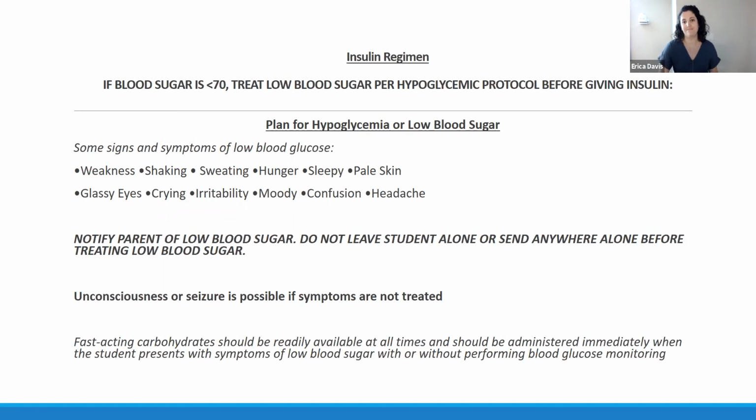Just to take a step back, in your registration link or your reminder that was sent to you by Stacy Rawson, I think it was yesterday, there were attachments at the very bottom where you could view both this PowerPoint and our different versions of the school care plan. We decided to send you those sample copies so that you could see our standard versions.